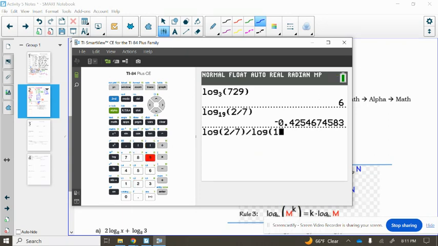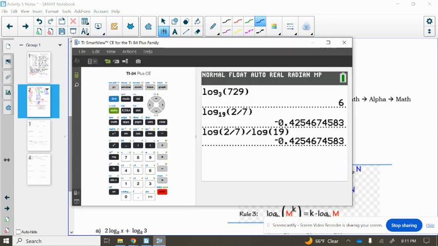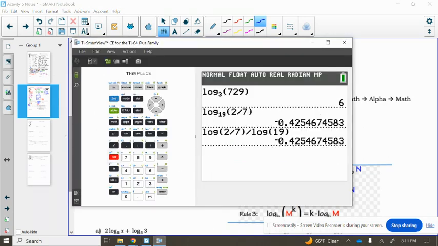If your calculator does not have this pretty print, you could still get that exact same answer by typing that in. Same thing if we look at the first one again, the base would go on the bottom, the log of 3, and then log of 729 would be on top. So log 729 divided by log of 3.